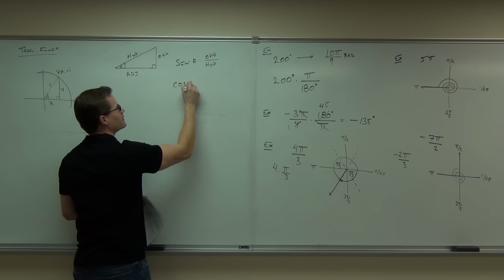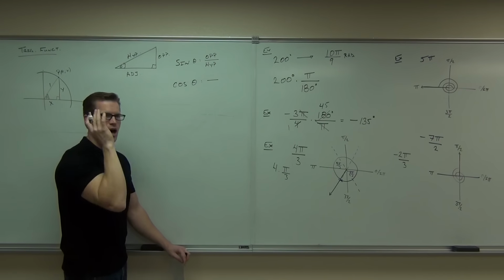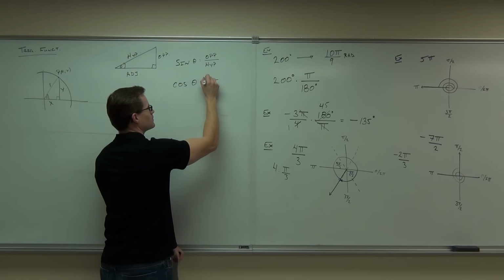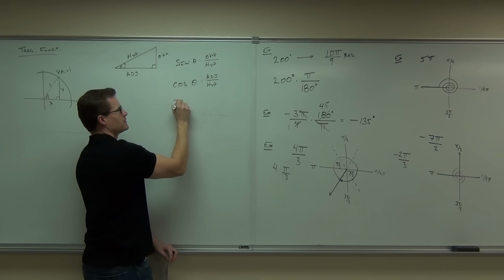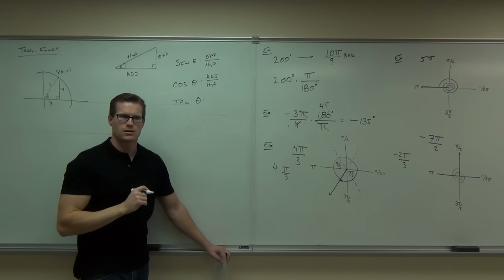And cosine is what? Soka. Okay, and tangent. What's tangent? Opposite over adjacent. For sure.